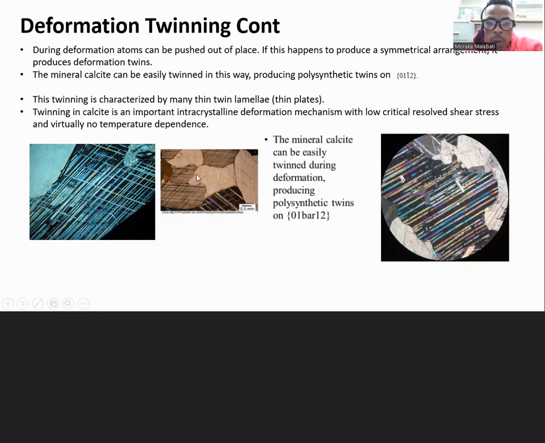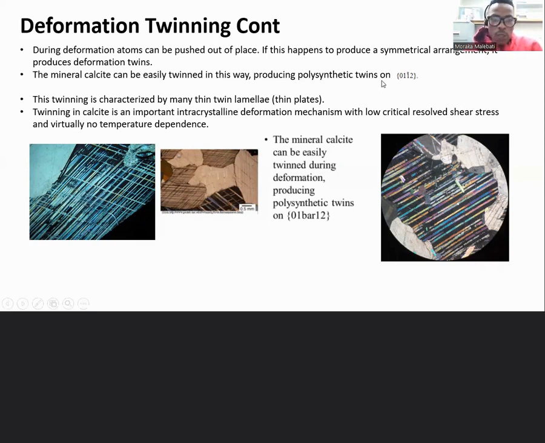If you want to identify the calcite under the microscope, you have to see this twinning called polysynthetic twinning. So during deformation, atoms can be pushed out of place, and if this happens to produce a symmetrical arrangement, the mineral calcite can be twinned in this way.